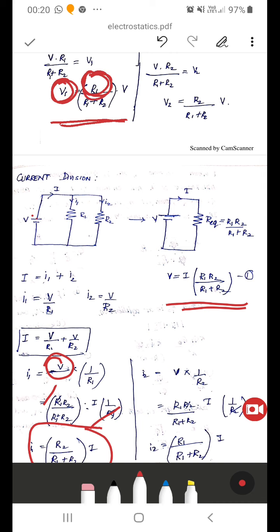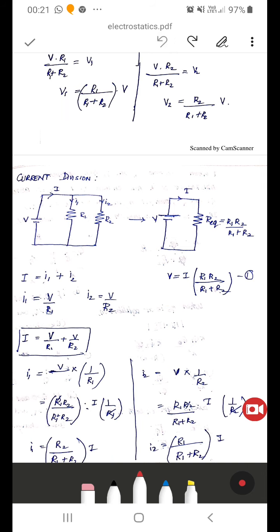The current across the resistor R1 is given by R2, that is the opposite resistor, divided by R1 plus R2 into I. Similarly, I2 is obtained in a similar way. Hope you understood the tricks.